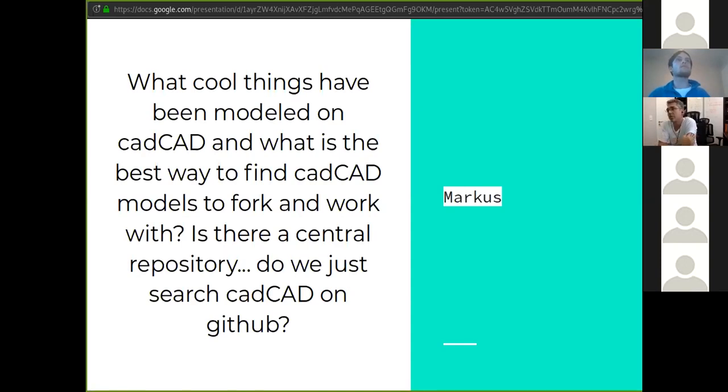So there's lots out there, and maybe we can put together as a community a cadCAD awesome list. I know some people have started working on this already. Maybe we can build on top of that and start collecting that in a central repository. But ultimately, we'll have to search cadCAD on GitHub in order to have the full picture.